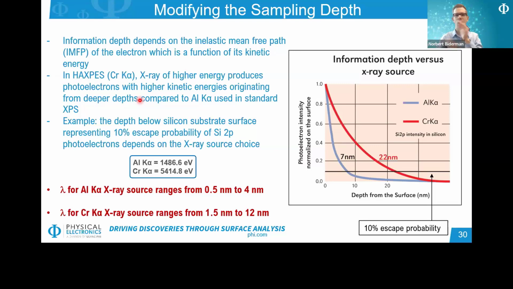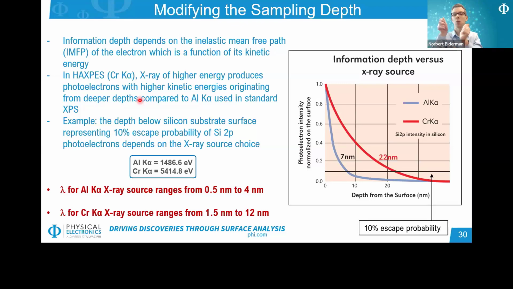If you see the image on the right, you'll see the comparison of silicon 2p photoelectrons generated by both aluminum and chromium X-ray beams. With the aluminum X-ray beam, the depth where you have a 10% probability of escape at the surface is about 7 nanometers.